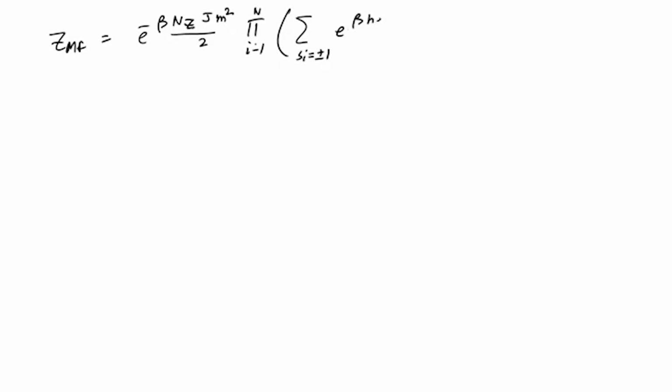So, ZMF is simply equal to exponential minus beta NZJ m square by 2, and then the product of I equal to 1 to N, and then we have a sum over SI equal to plus 1 and minus 1 of exponential beta H effective SI.